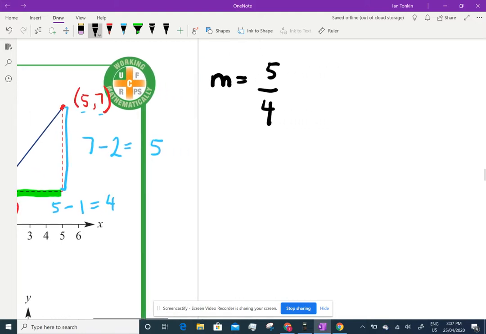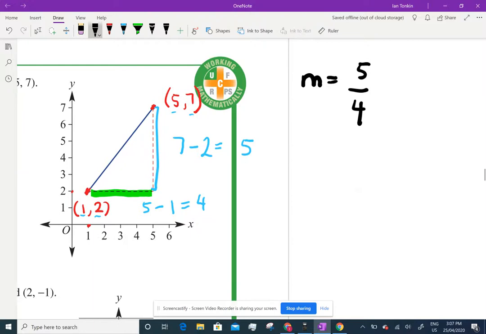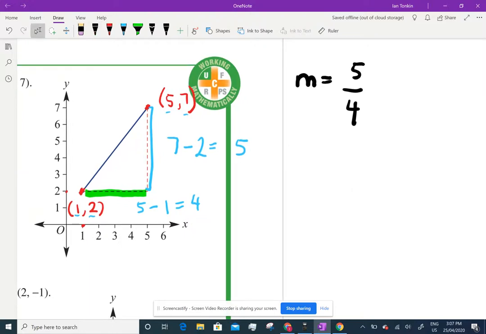Now, if I didn't want to go through all the hassle of drawing a diagram, I could write a formula for that, and that's what we're going to do. We're going to call this coordinate x1, y1, the first point.